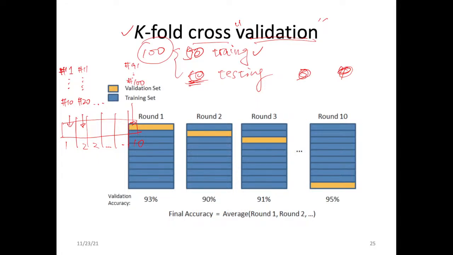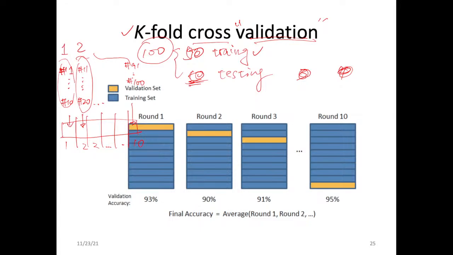And k-fold cross-validation is, in the first round, I use the first fold as the test data, and the other folds as the training data. So in the first round, I use the first 10 instances as the test data. In the second round, I use the second fold, which means number 11 to number 20, as the test data, and the others as the training data.